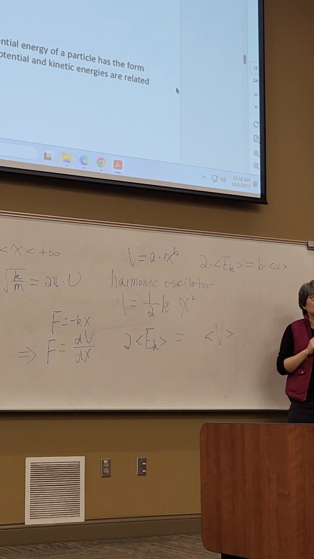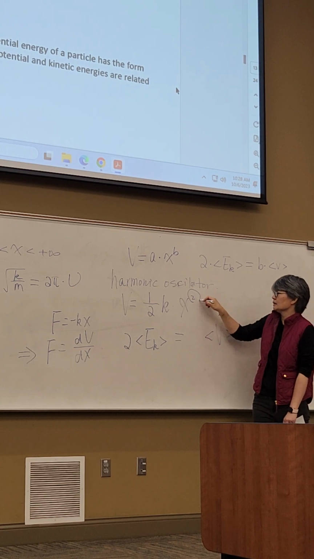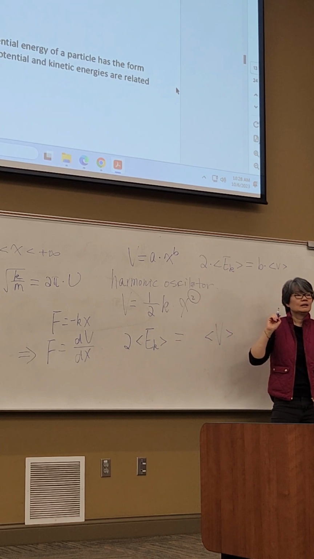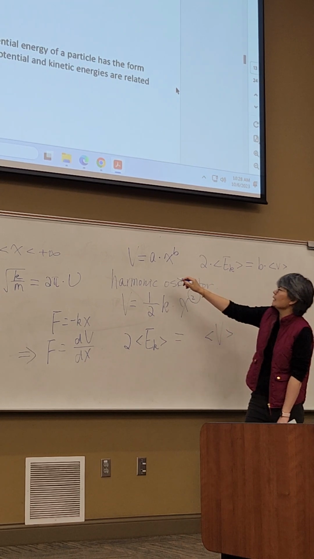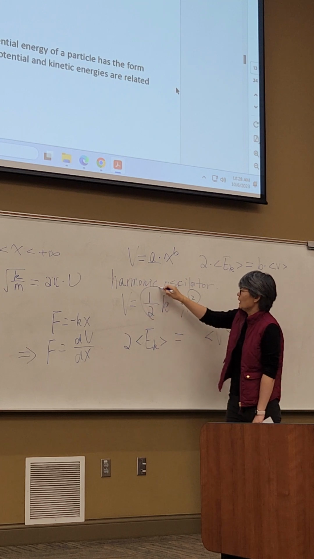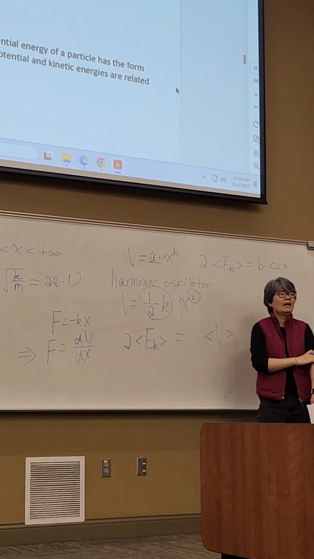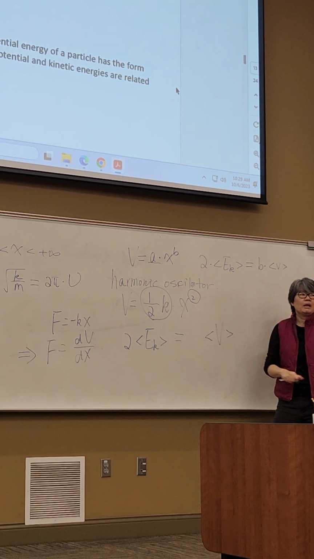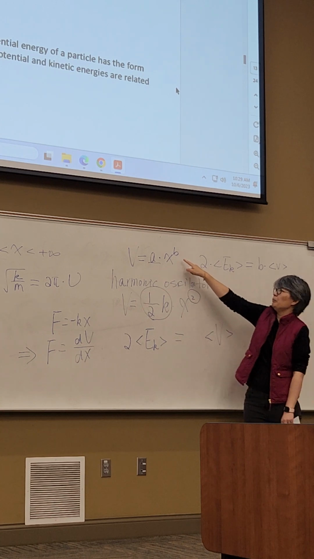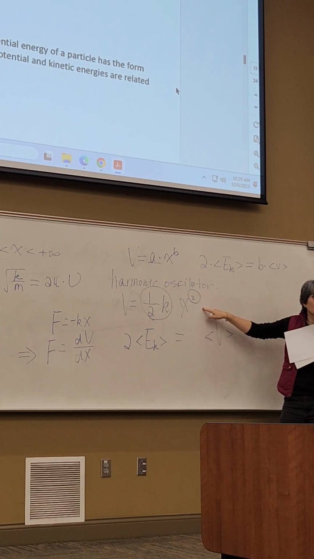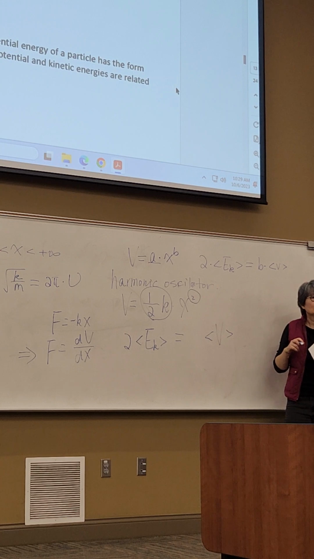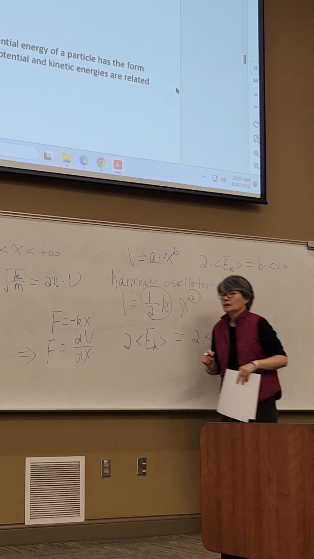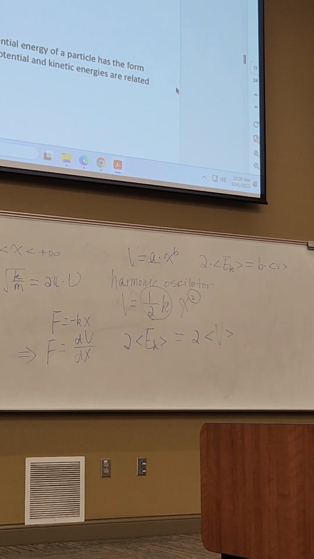What is our B here? 2, the power, right? The theorem said a constant, and yes, we do have a constant right here, 1/2 k, times x raised to the power B. For our case, B equals 2.